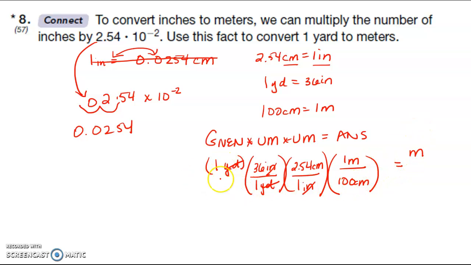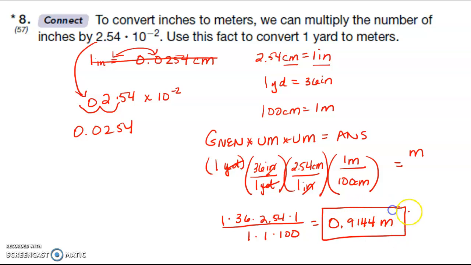So now let's see what we have. We have 1 times 36 times 2.54 times 1 over 1 times 1 times 100. So that's 36 times 2.54 divided by 100. I get 0.9144 meters. Let me know if you get something different.